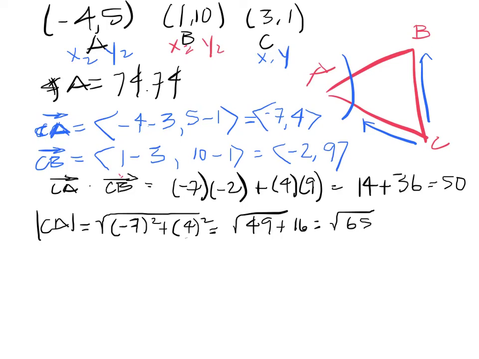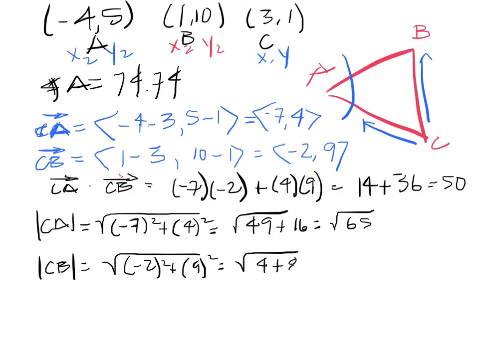And then I need to find the magnitude of CB. It's the square root of 2 squared plus 9 squared, the square root of 4 plus 81, which is the square root of 85.